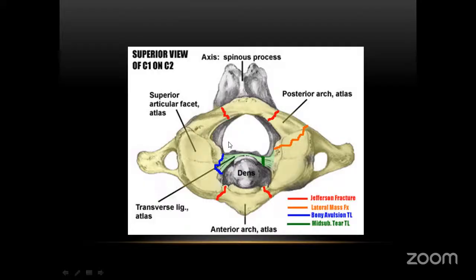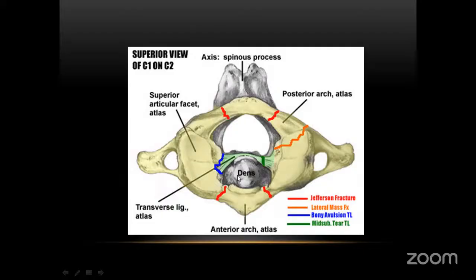Okay, the classification, I think the name is Dickman's classification. It depends on the anatomical location of the disruption. For type 1, I think it involves the ligament itself, while type 2 involves the attachment to the lateral mass.